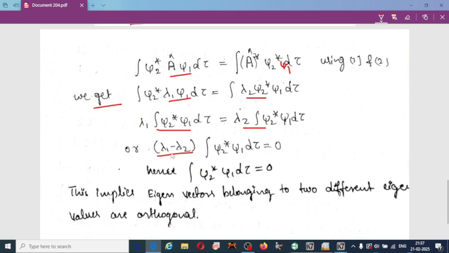Here lambda 1 and lambda 2 are not equal, so we can say that the integral psi 2 star psi 1 d tau is equal to 0. This implies eigenvectors belonging to two different eigenvalues are orthogonal.